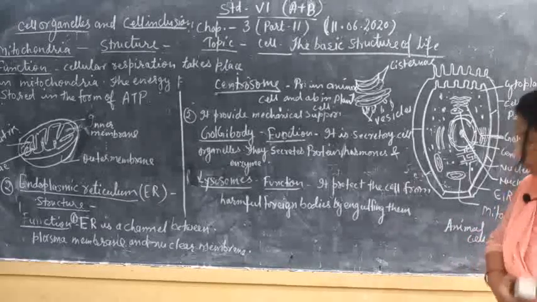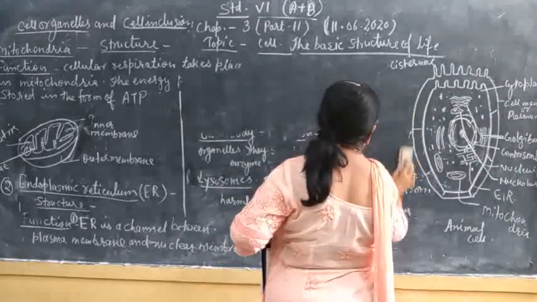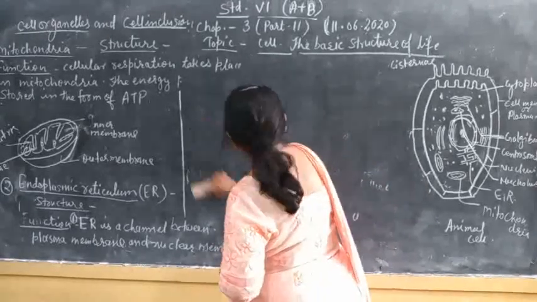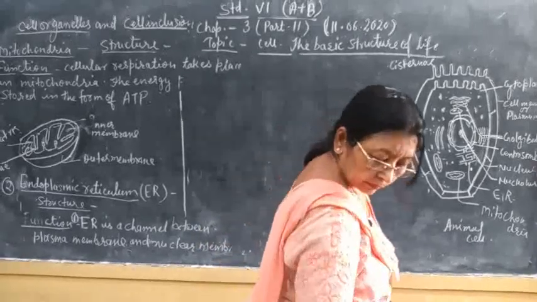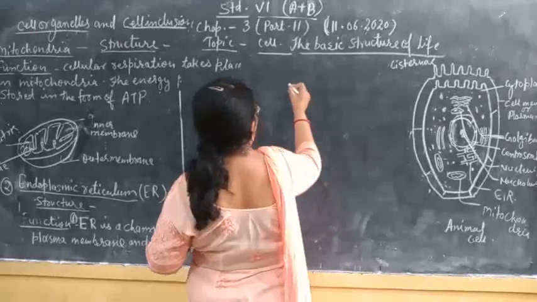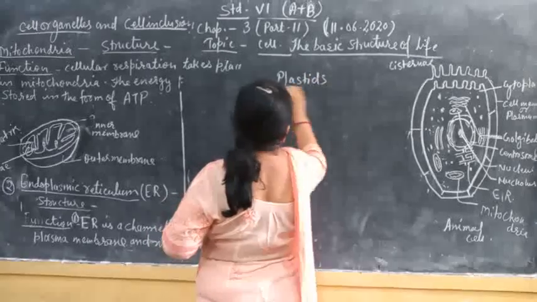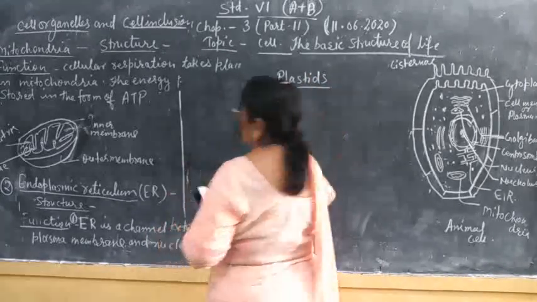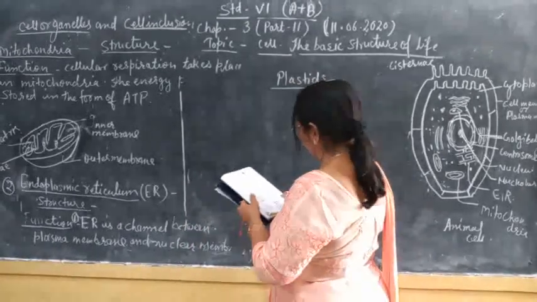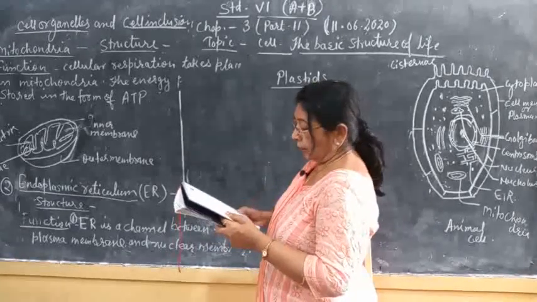Plastids are not present in animal cells. They are present only in plant cells. Plastids are disc-shaped living cell organelles found only in plant cells.